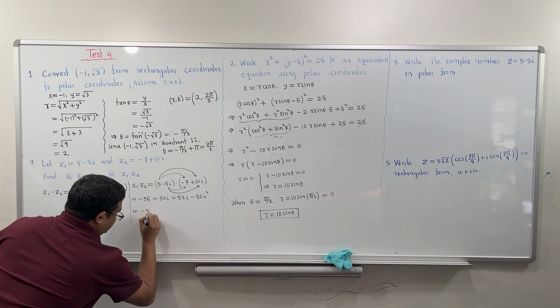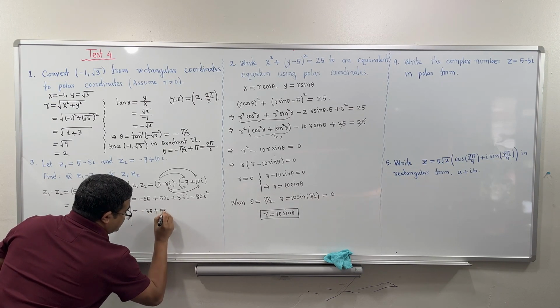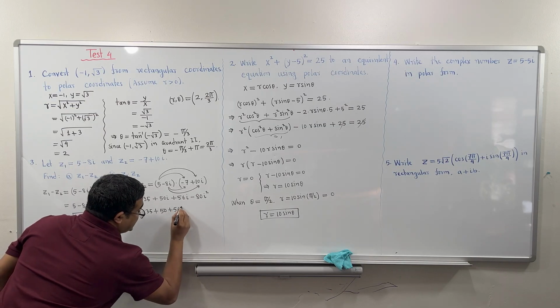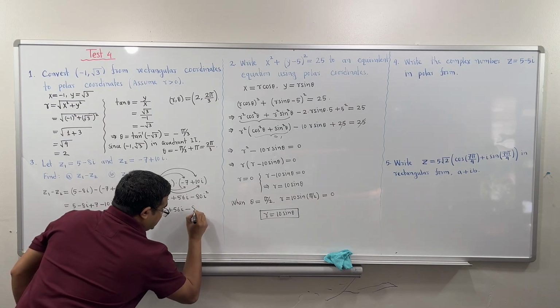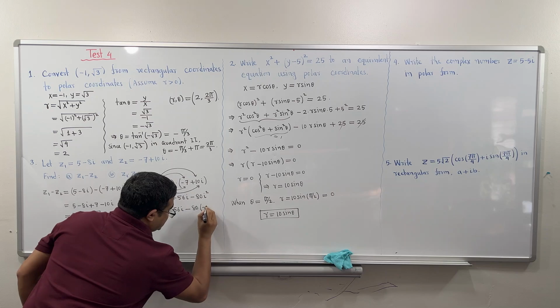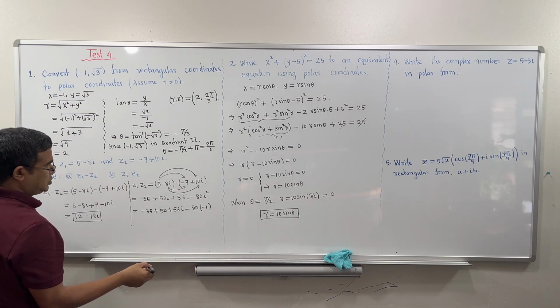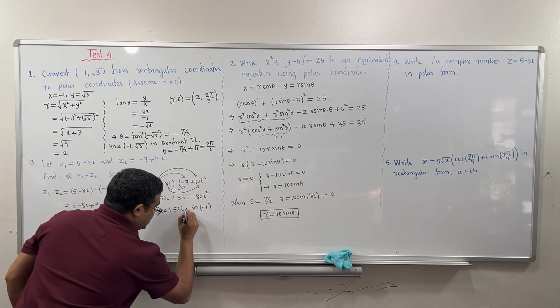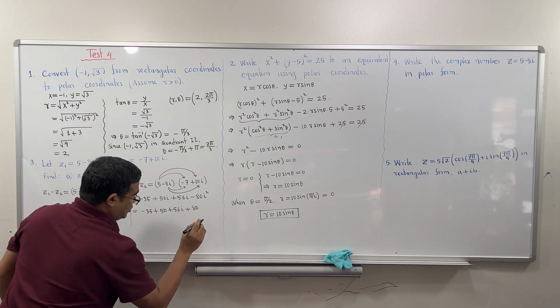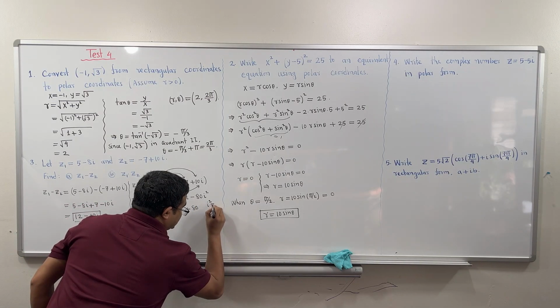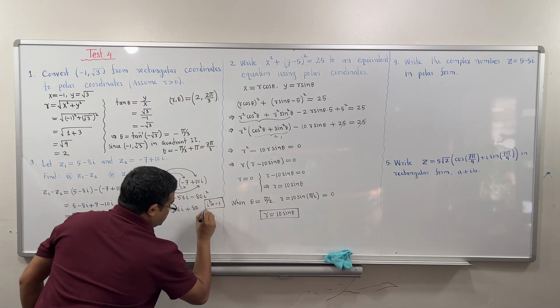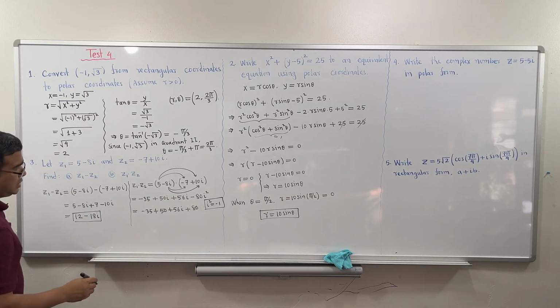So negative 35 plus 50 plus 56i minus 80, and i squared is negative 1. So if you simplify, it would be positive 80, where i squared is negative 1. It is always true. You need to remember this one.